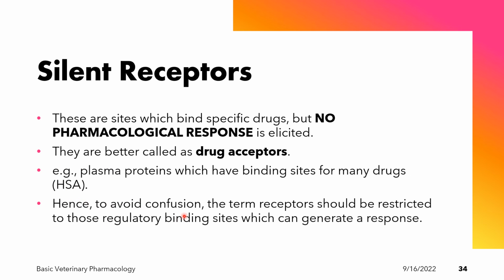To avoid confusion, some references have recommended that the usage of the term receptor should be restricted to those regulatory binding sites which can generate a response. So in the case of the silent receptors, such as albumin, some references recommend them to be called drug acceptors rather than receptors.